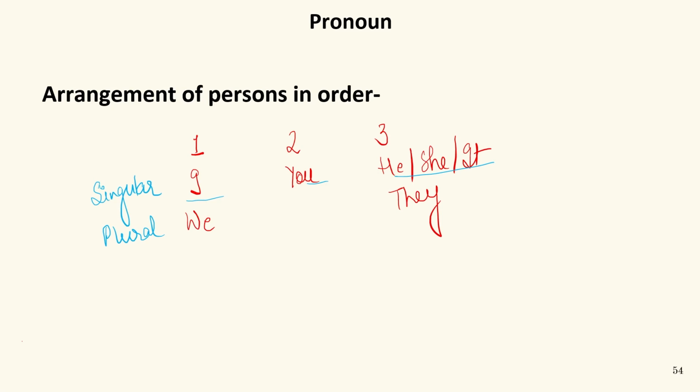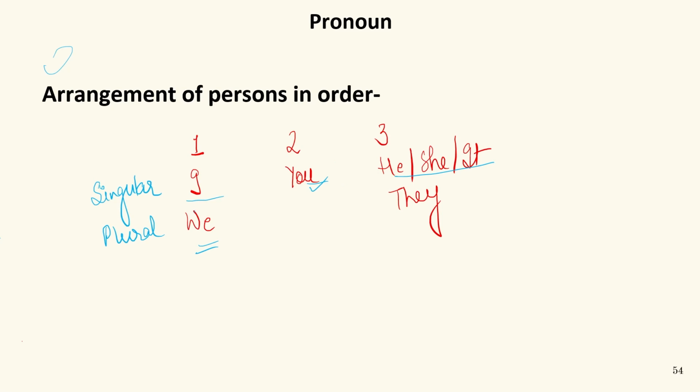When we talk in a plural sense, that is, about more than one person, for example if there are two persons, like I and you, I can say we both are learning this chapter. So we represents more than one. You can be used for the singular as well as the plural sense.